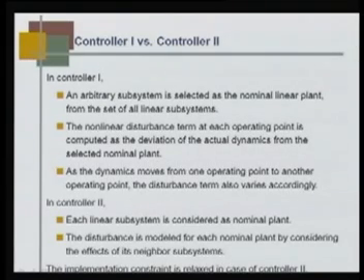As the dynamics moves from one operating point to another, the disturbance term also varies accordingly. Whereas in controller 2, each linear subsystem is considered as a nominal plant. The disturbance is modeled for each nominal plant by considering the effects of its neighbor subsystems. The implementation constraint is relaxed in case of controller 2.